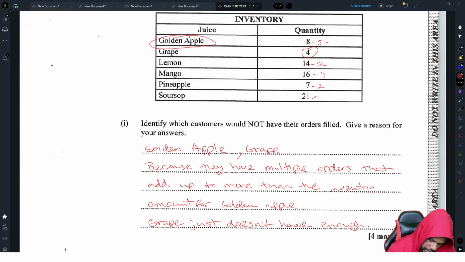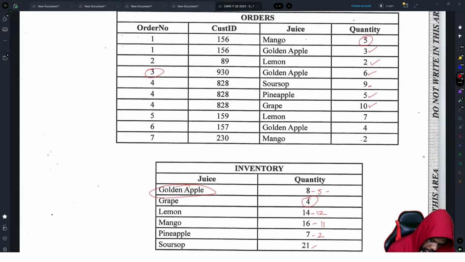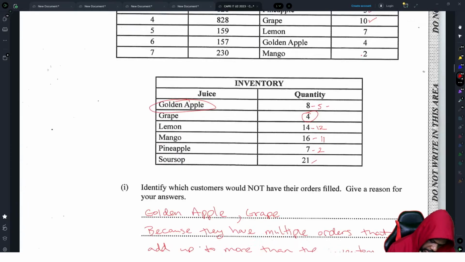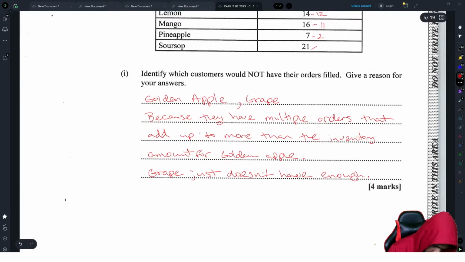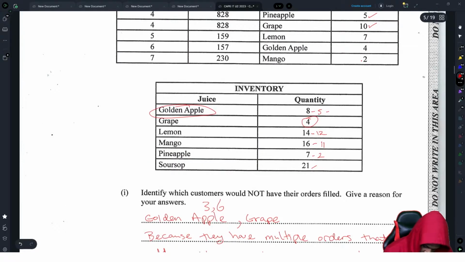So the customers that wouldn't be able to get the golden apple would be orders 3 and 6, and grape will be order 4. No, that's the order ID, my bad. Identify which customers.